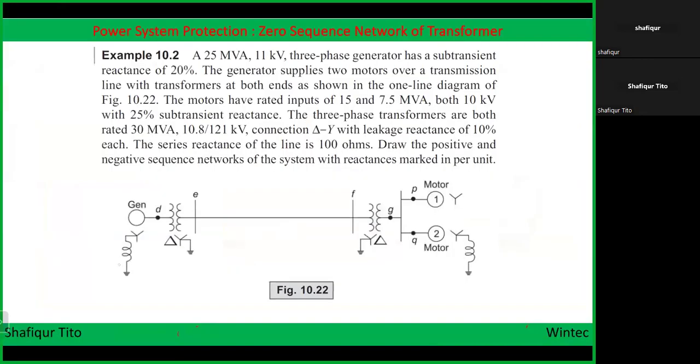So in the first network, as I have mentioned, we have to consider the generator, and this generator is connected in Y, each of the Y connected coil, and the neutral is grounded through an impedance Z, and we will consider this one. And this one can be represented.